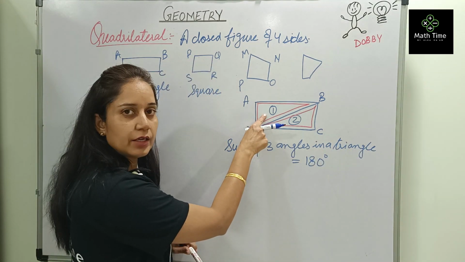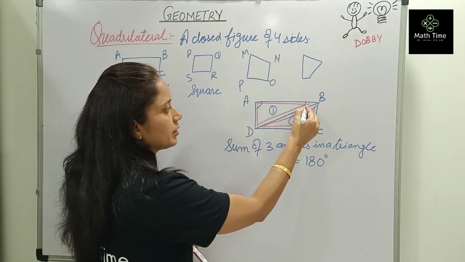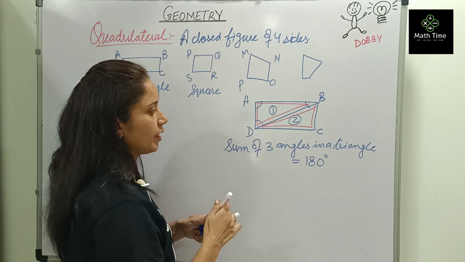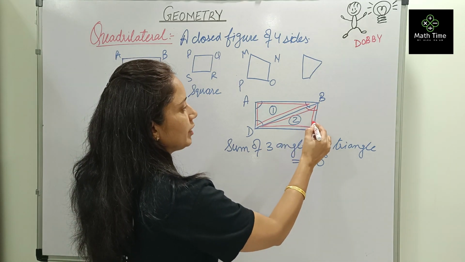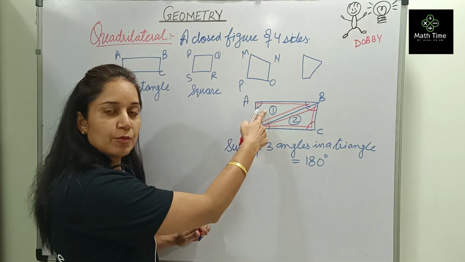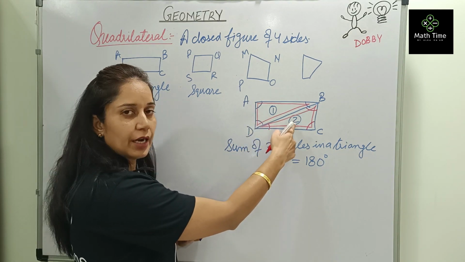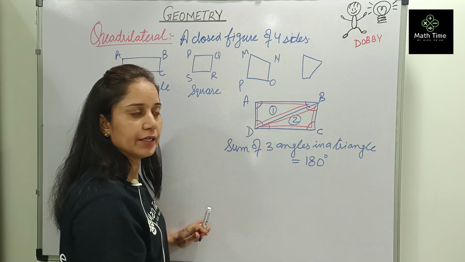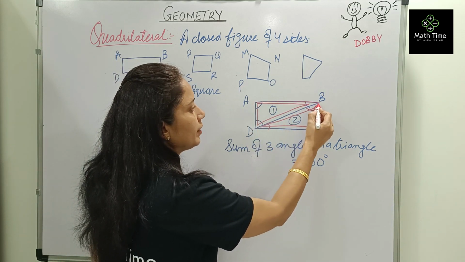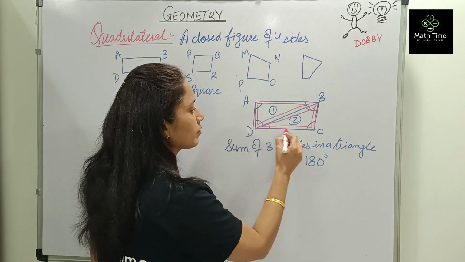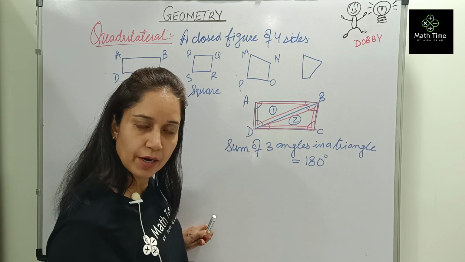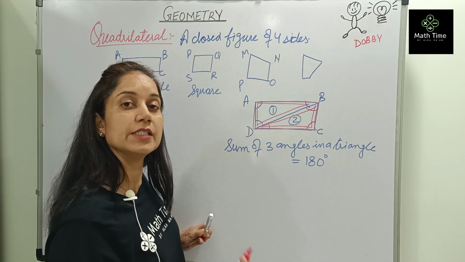Now this is one triangle, that means the sum of three angles is 180 degrees. Now the lower one is the second triangle, here also the sum of three angles is equal to 180 degrees. Upper triangle 180 degrees, lower triangle also 180 degrees. So 180 plus 180 gives you the full quadrilateral ABCD. So the sum of the two triangles of a quadrilateral is equal to 360 degrees.